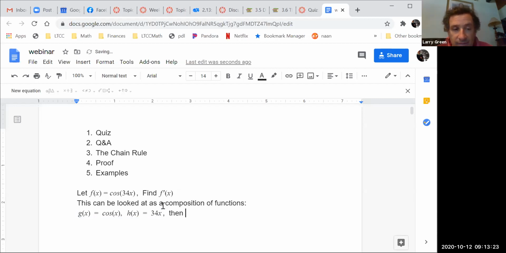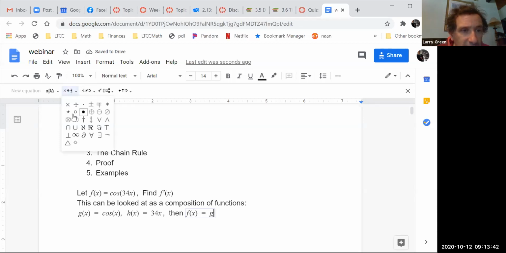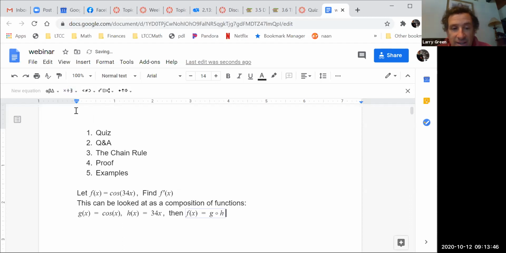Then f of x equals, and we can write this as a composition, g of h of x. There it is. So g of h of x.